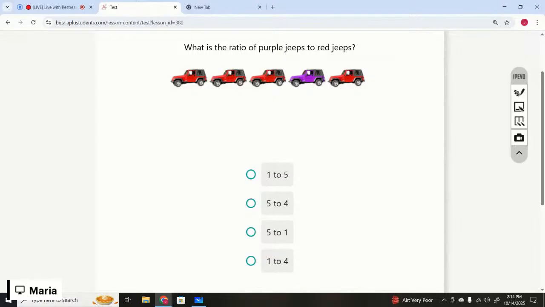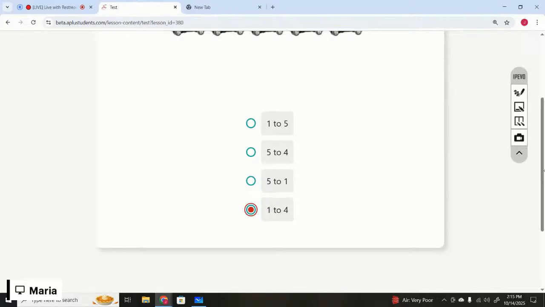Only one purple jeep we have, and 4 red jeeps we have. So that is 1 to 4.